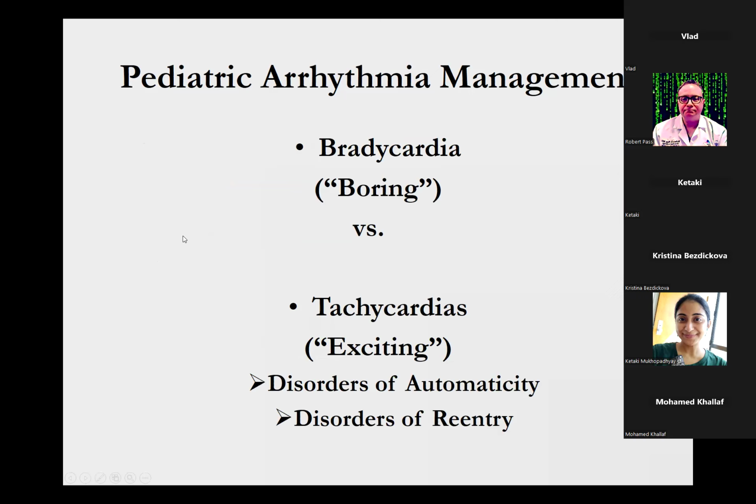There are, in fact, two branches of the right bundle, an anterior and posterior branch, going all the way out to the Purkinje fibers. And so we all know that when we're in sinus rhythm, the sinus node has the highest degree of automaticity, and it is basically what is driving our heart. The impulse starts at the top of the heart and works its way down, just as we know from physiology.